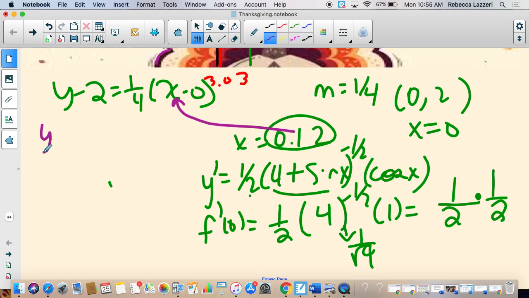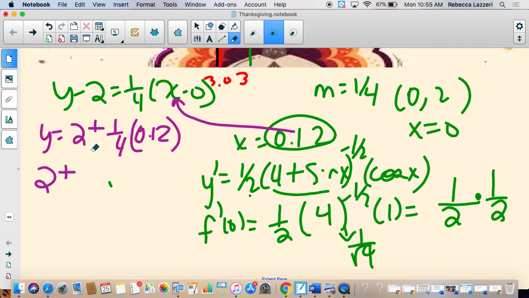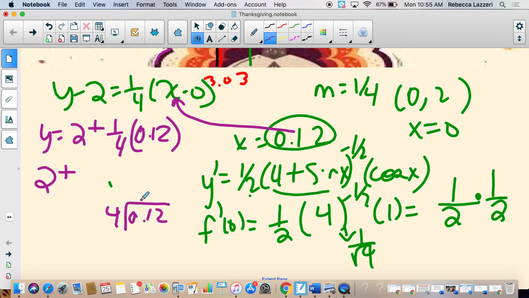So I have y is equal to 2 plus 1/4 times 0.12 minus 0. So I have y equals 2 plus 0.12 divided by 4, which is 0.03. And so my estimate is 2.03.